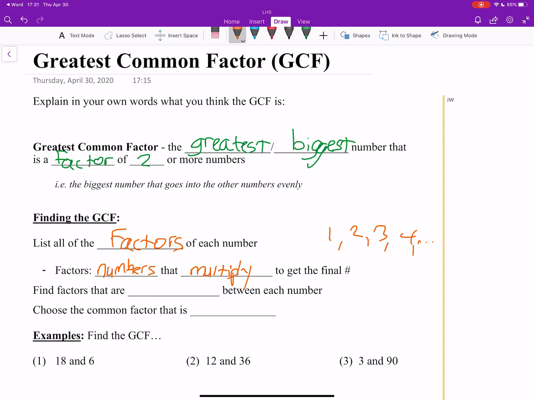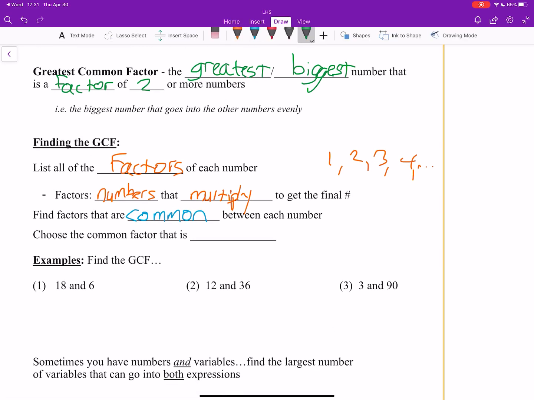We don't care about decimals or fractions. Okay, the next piece is to find the factors that are common between each number. So we'll see which numbers we can multiply together to get every single one of the numbers we're looking at. And then finally, we need to choose the common factor that is greatest or largest.